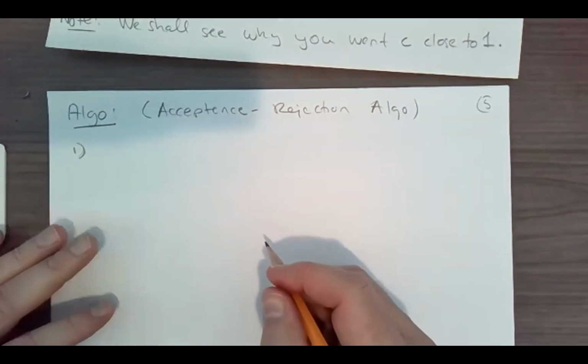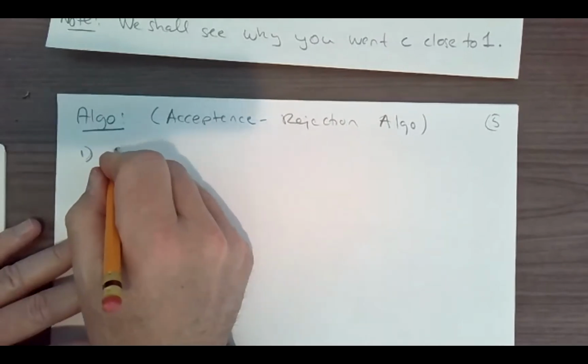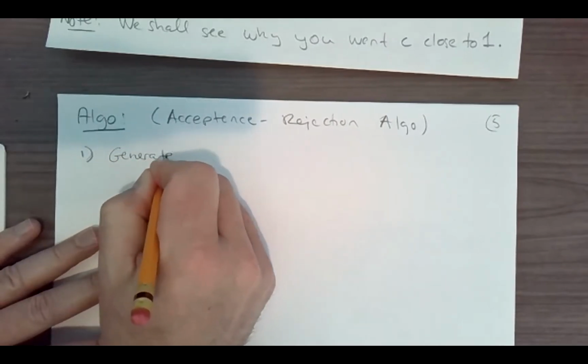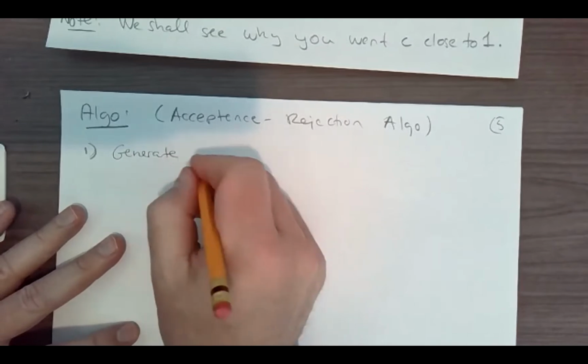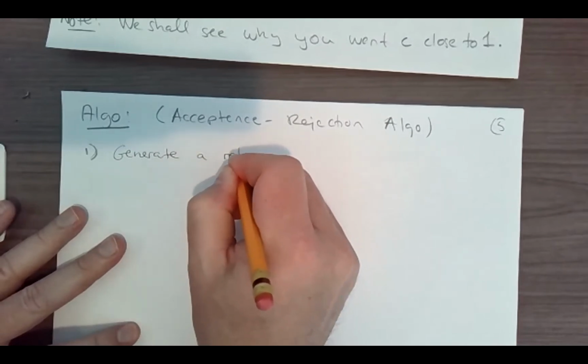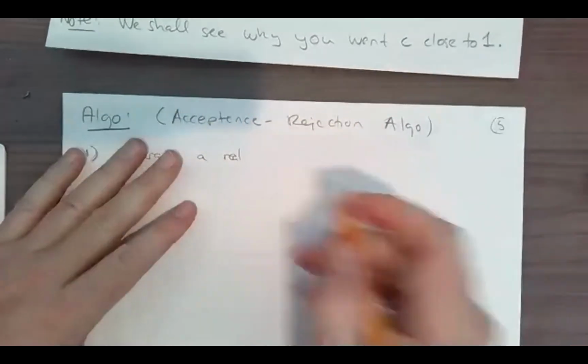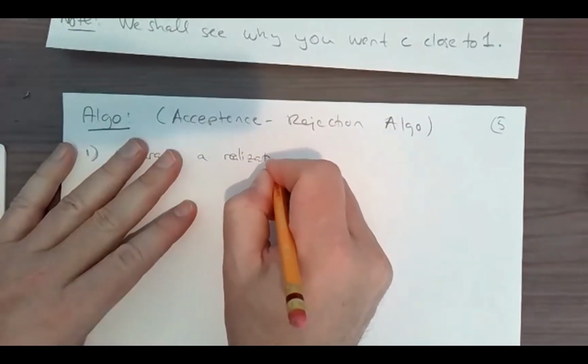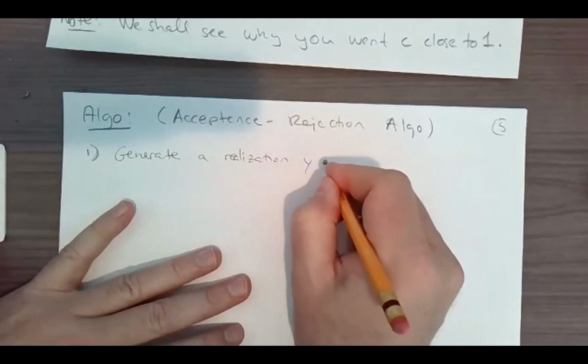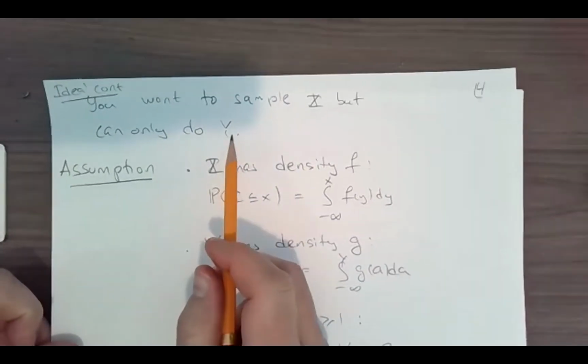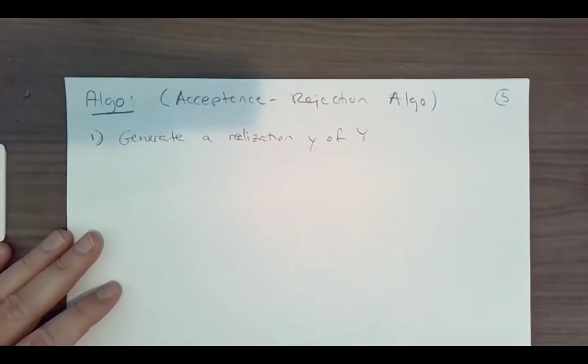Start by generating a realization y of Y. That was the starting point. You can do samples from Y. So start by generating one of those.